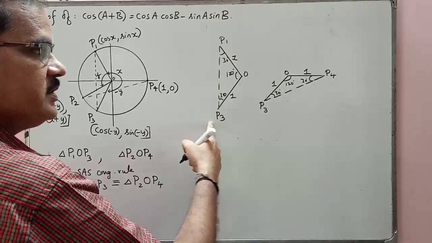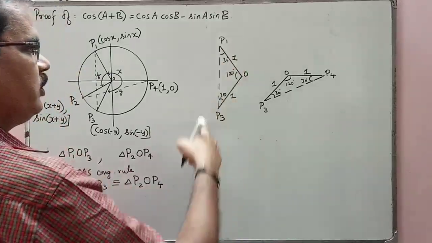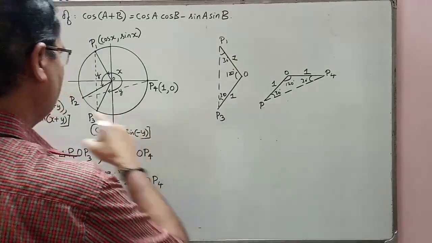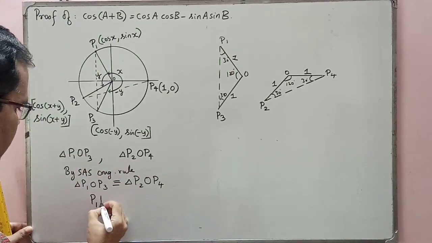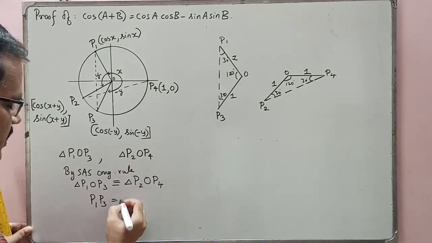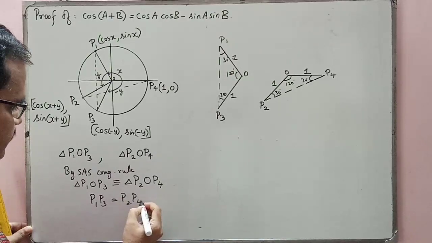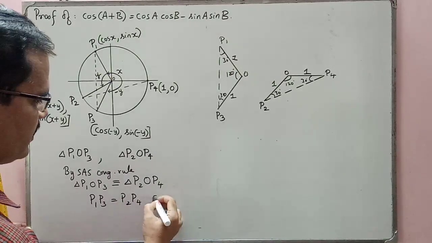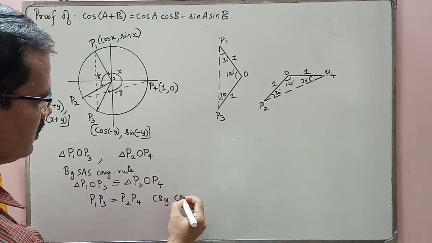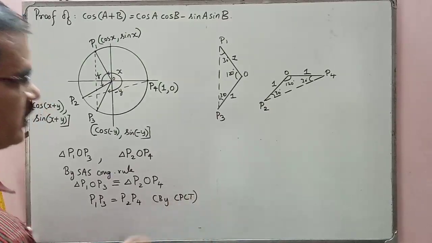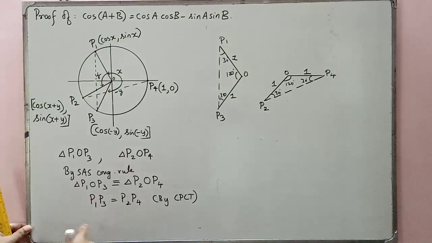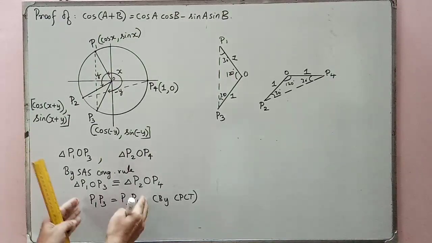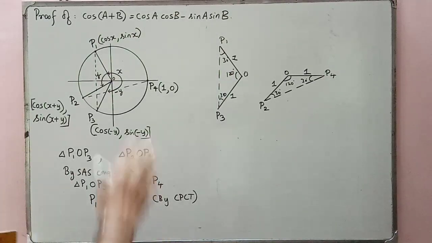So P1 P3 is equal to P2 P4. So the line segment P1 P3 is equal to P2 P4, by CPCT, corresponding parts of congruent triangles. Now having this idea in our mind, we are going to prove this theorem very easily.